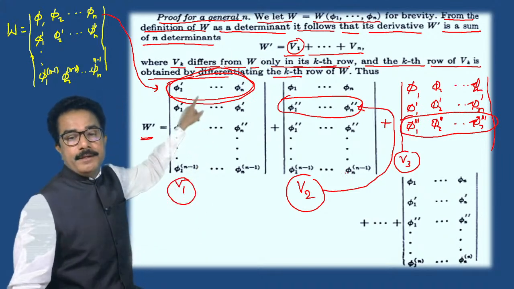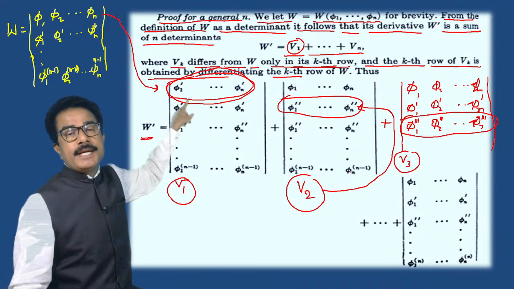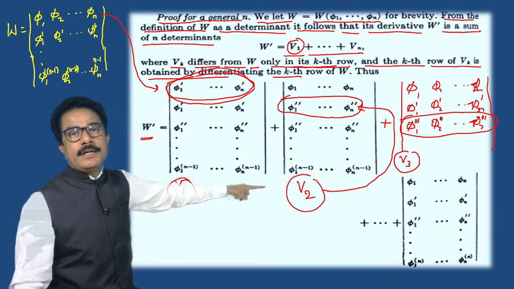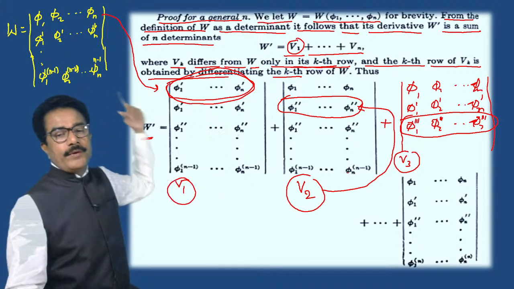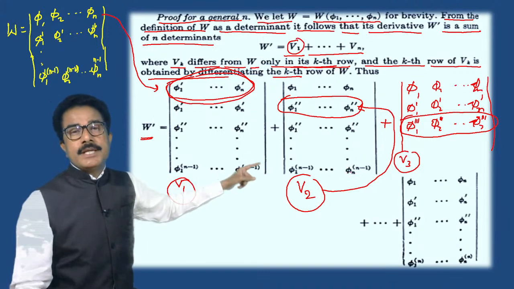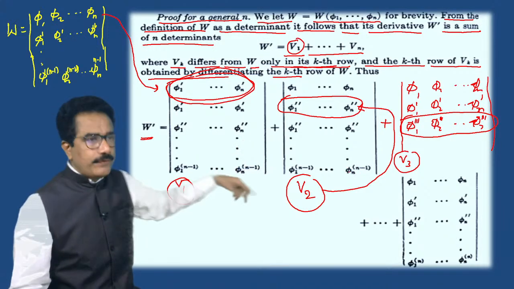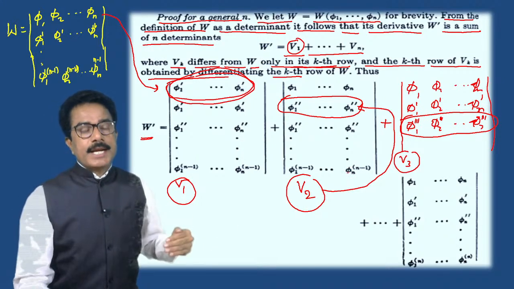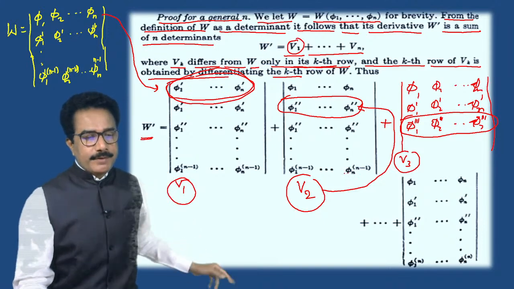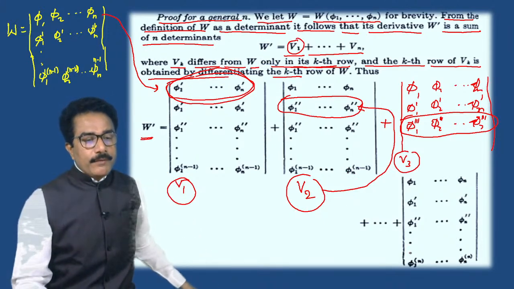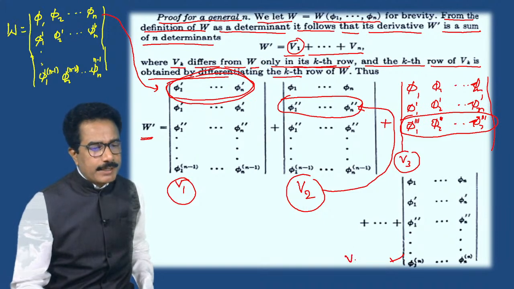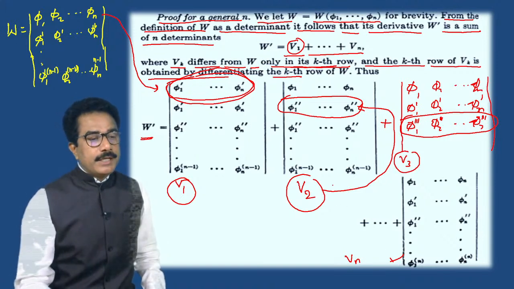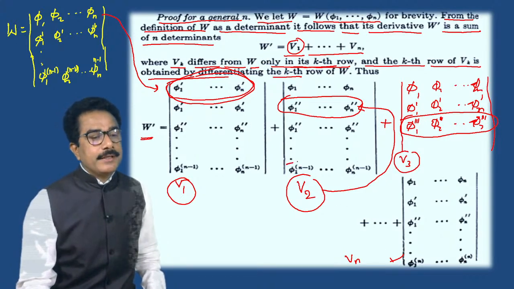Here V1 means the derivative obtained by the first row from the Wronskian. V2 means the derivative obtained by the second row from the Wronskian. V3 means the derivative obtained by the third row from the Wronskian, dot dot dot. In this way we can write in general, suppose Vn. This is Vn, which means the derivative obtained by the nth row.